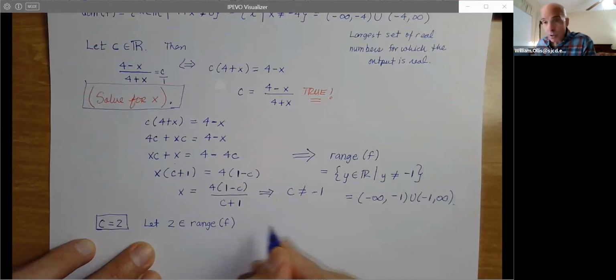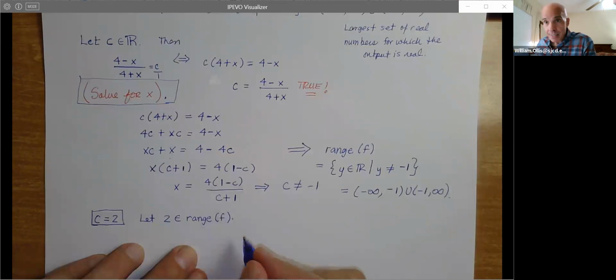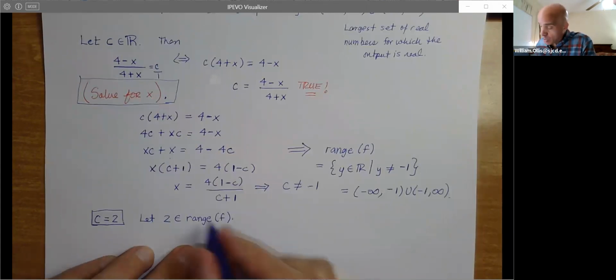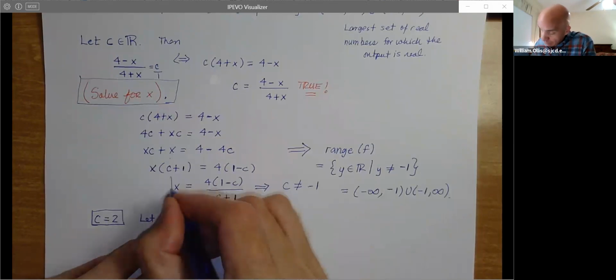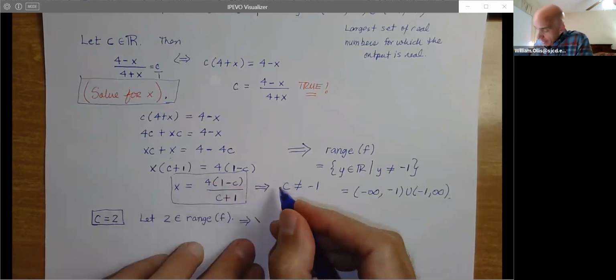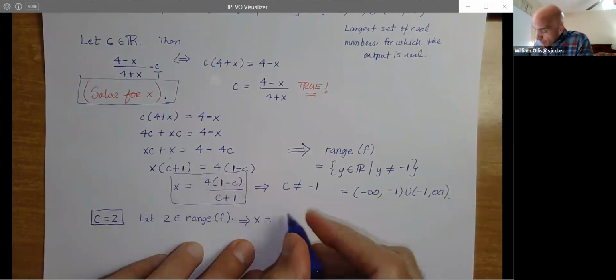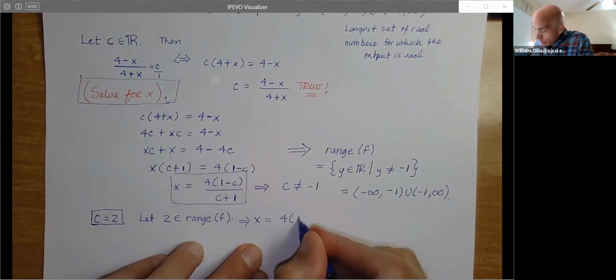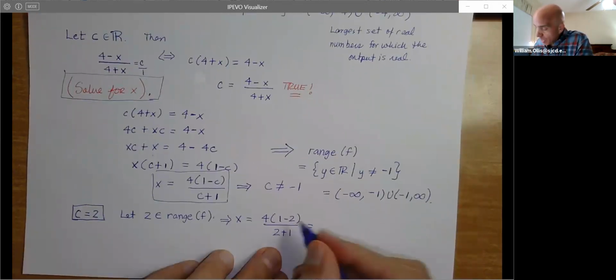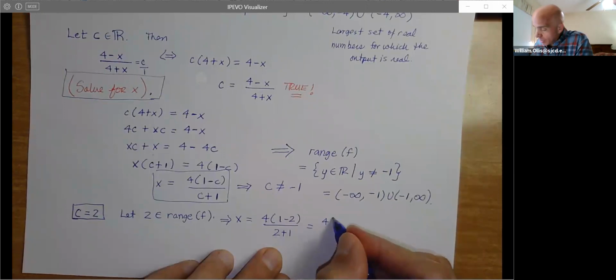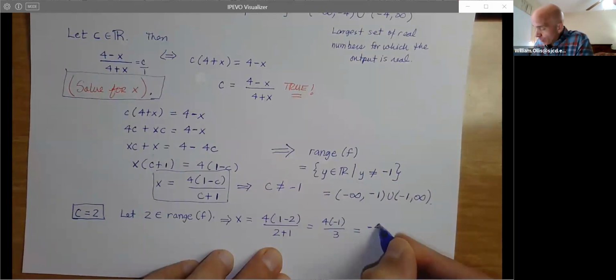And of course, this is only working because this is a one-to-one function. So using our formula here, X equals 4 times 1 minus 2 divided by 2 plus 1. So this is 4 times -1 divided by 3, or -4/3.